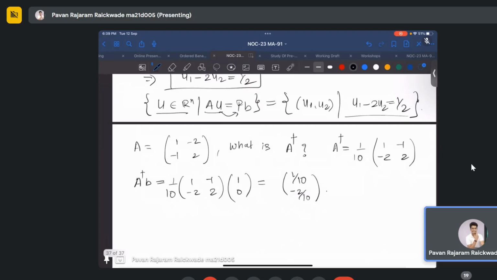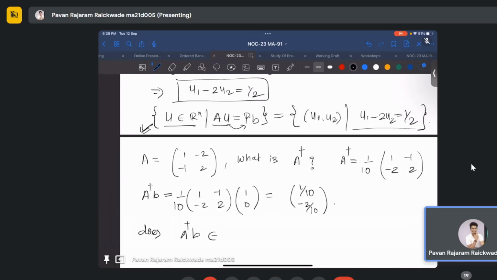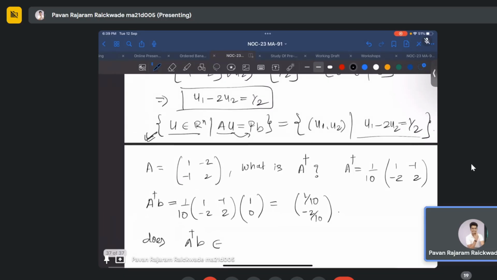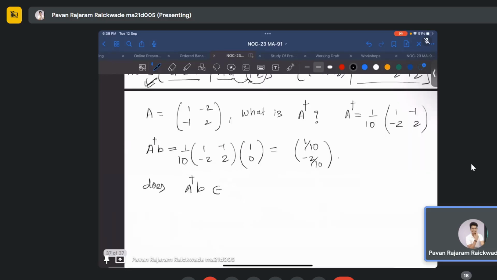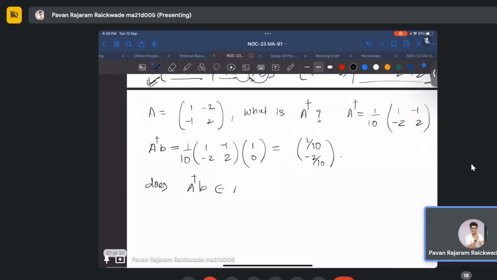Now does A dagger B belong to this set, the set I just now defined, U belonging to Rn such that AU is equal to PB? I'll call this set A inverse of the element PB, right? I take the element PB and I take all its inverse images under A. So the question is, does A dagger B belong to A inverse PB?